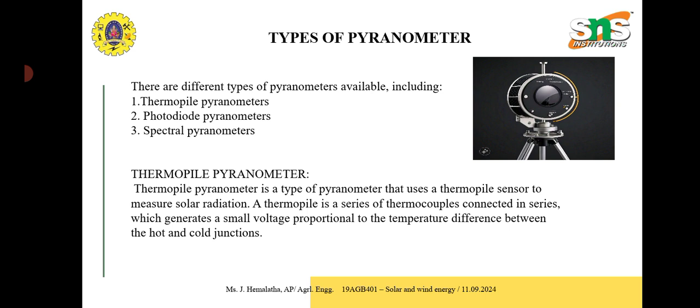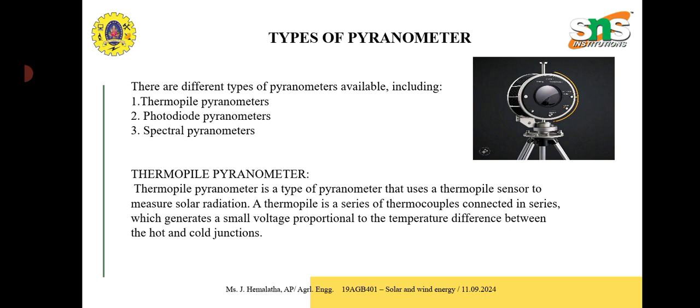Mounting and alignment: typically mounted on a horizontal plane, though adjustment may be needed to account for tilt or orientation. Based on this, there are three types of pyranometer: thermopile pyranometer, photodiode, and the spectral pyranometer.